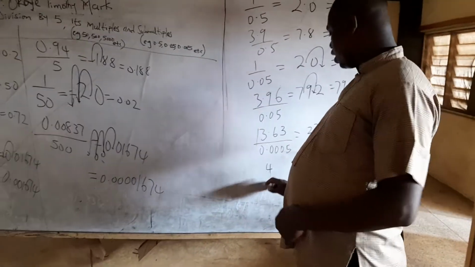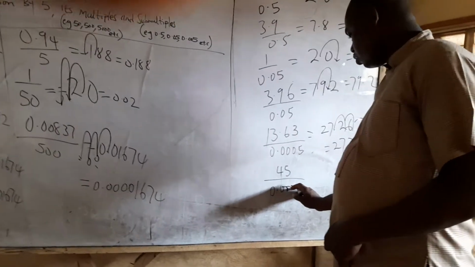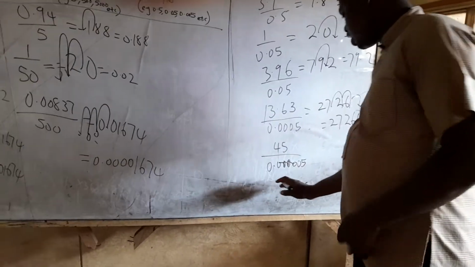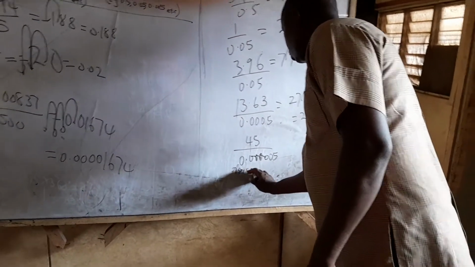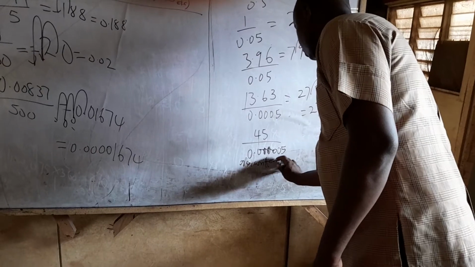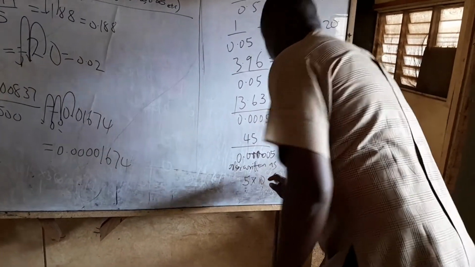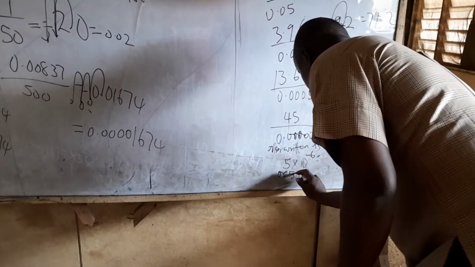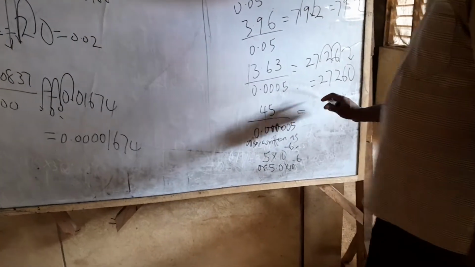If I have 45 all over 0.000005, how many zeros are inside now? 5 zeros, which is also written as 5 times 10 raised to the power minus 6. Just double the number, which is 90.